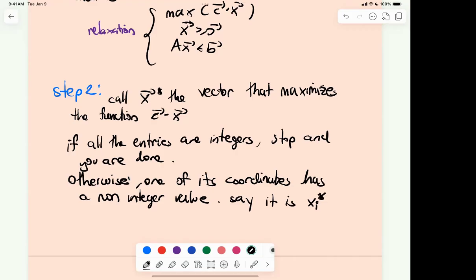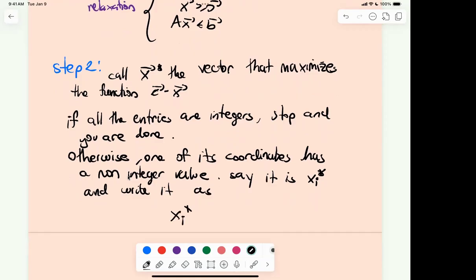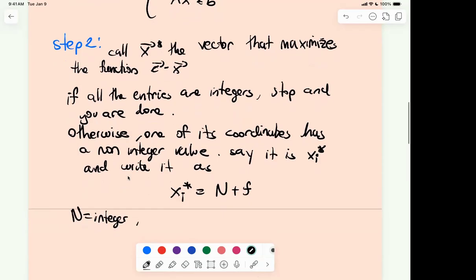And because it's not an integer, that means that it is like 3.5 or 4.2. So it means that it is an integer plus some number between 0 and 1, right? So, and write it as n plus f, where n is an integer, and f is like the fractional part, which is a number between 0 and 1.